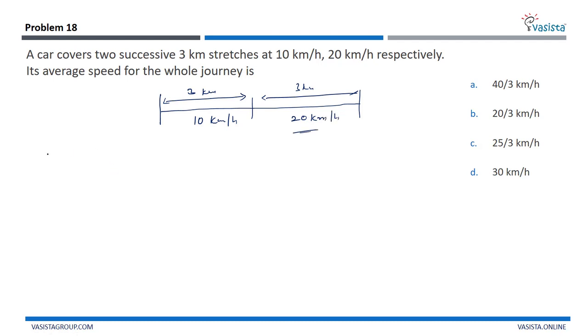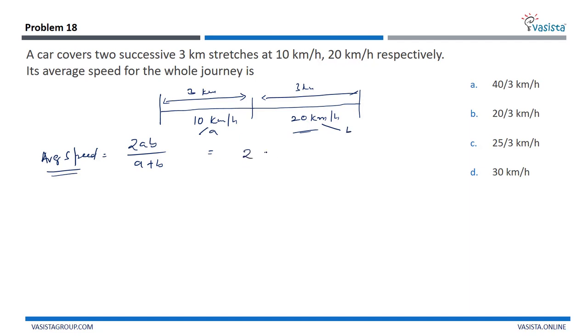So we need to find the average speed. So we know average speed is equal to what? That is 2ab by a plus b. What is here a? This is a and this is b.